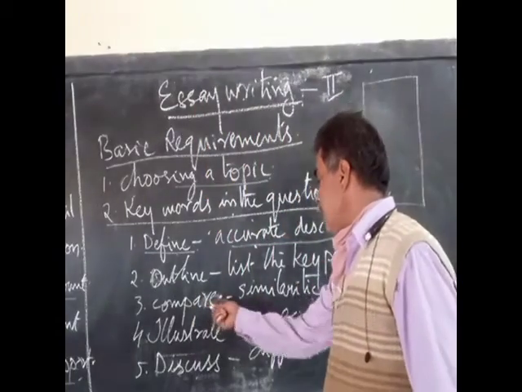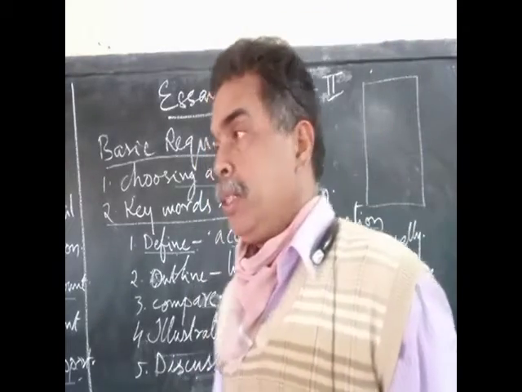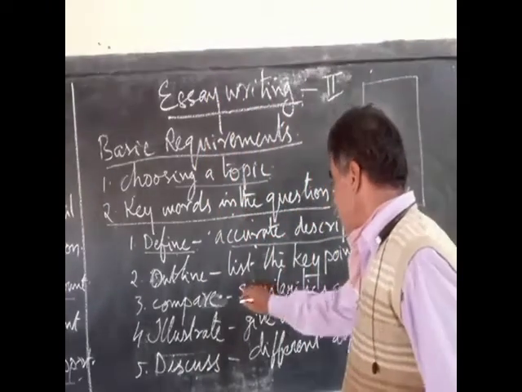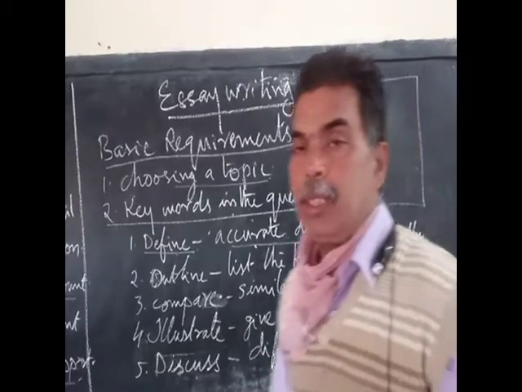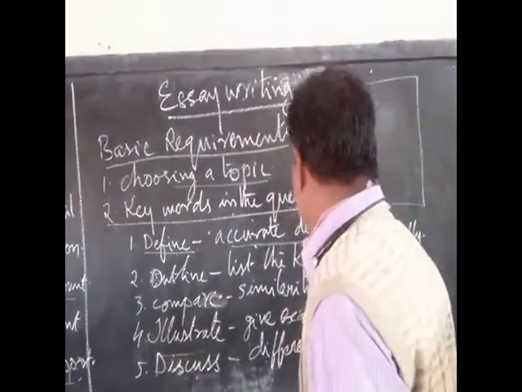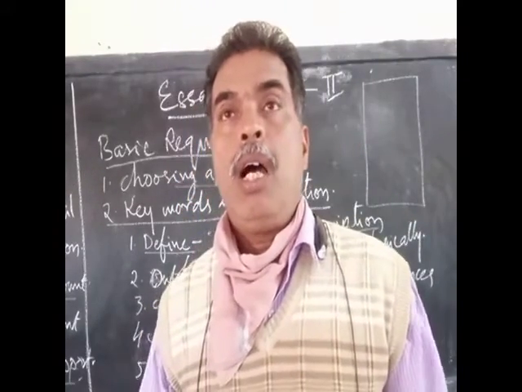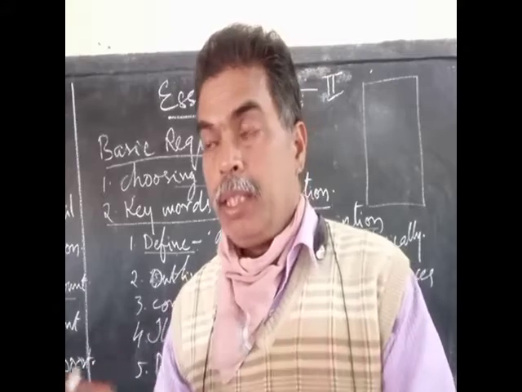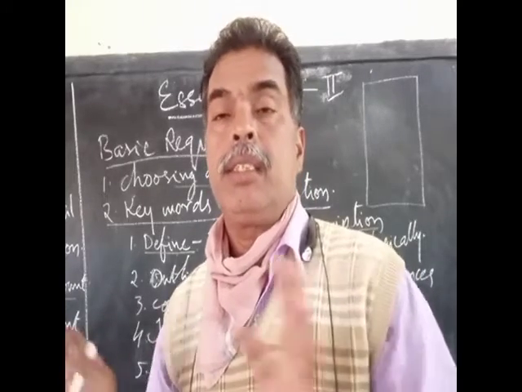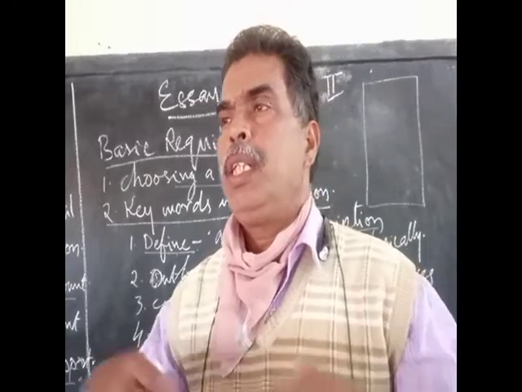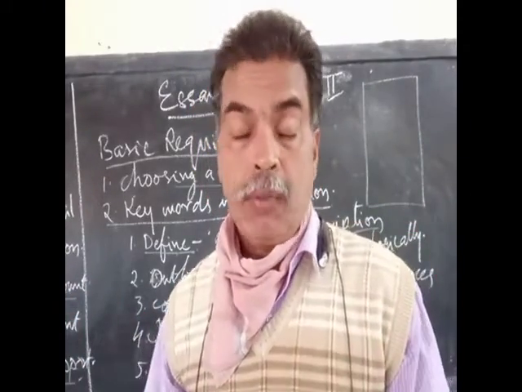Then comes comparison, compare. When that comes, you are supposed to look at the similarities and dissimilarities, or similarities and differences, of the topic that is given there. How are they similar or identical in appearance, in their way of presentation, in their way of doing things, in the way of understanding what it is?